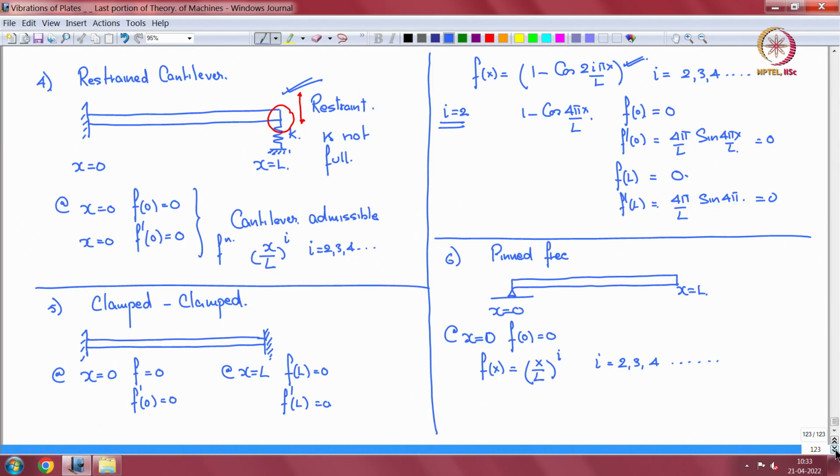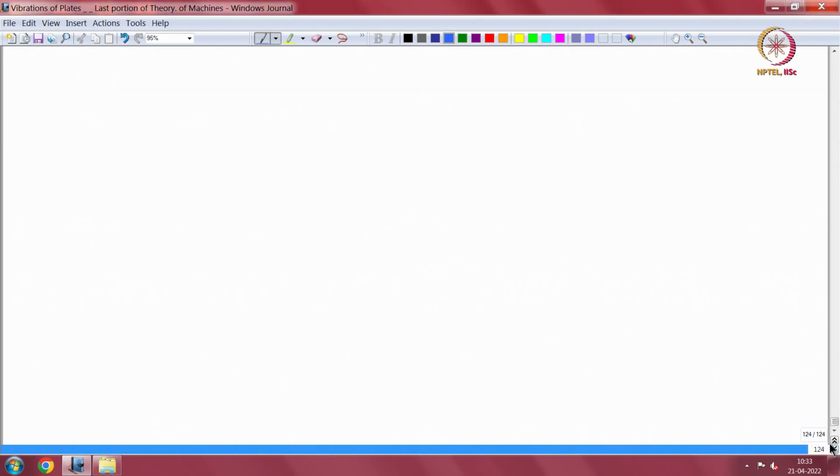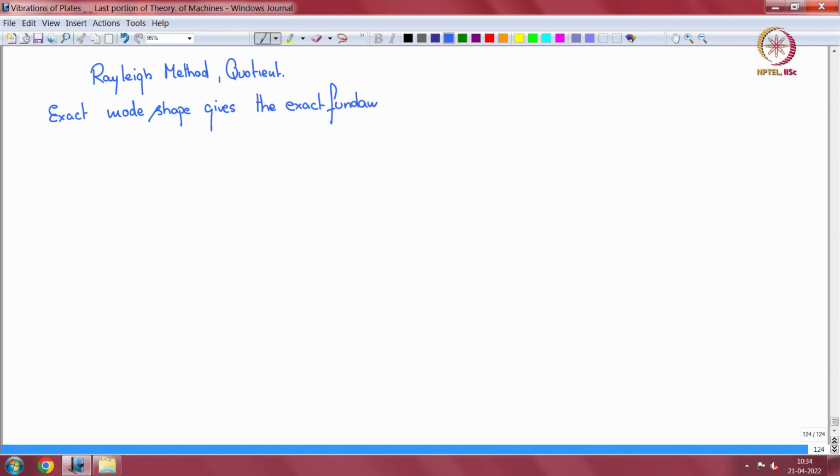Now, in the Rayleigh method and Rayleigh quotient method, we found that the exact mode shape gives the exact fundamental natural frequency.